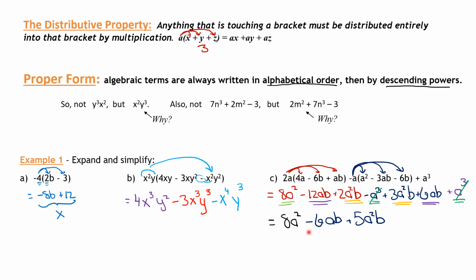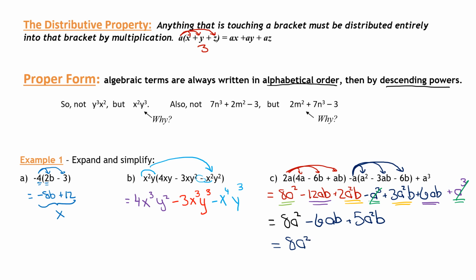So none of these are like terms. We've already collected all of our like terms. We're just going to put them in order. And the back of the book isn't that great, they get a bit lazy with this. So we have to go with the highest power, then alphabetical order. They all have a's in them, so how do you know which one goes first? We're going to put the 8a squared first.